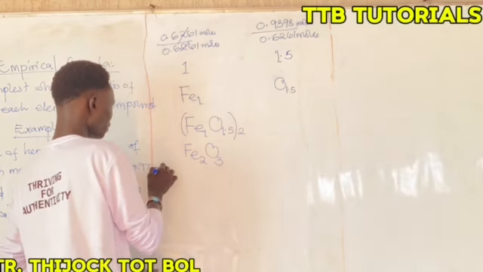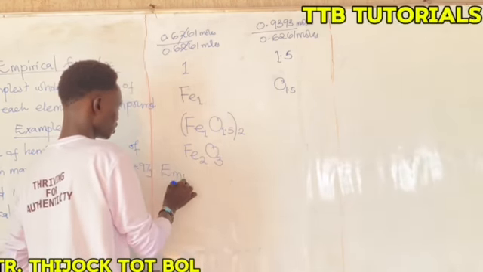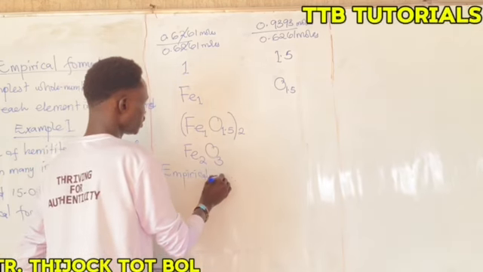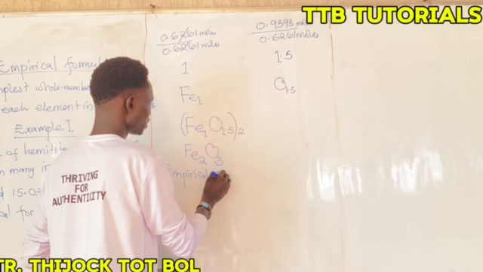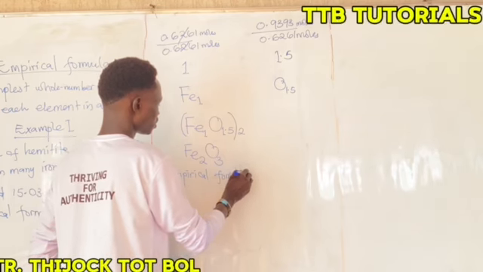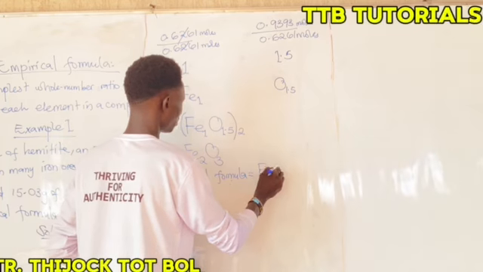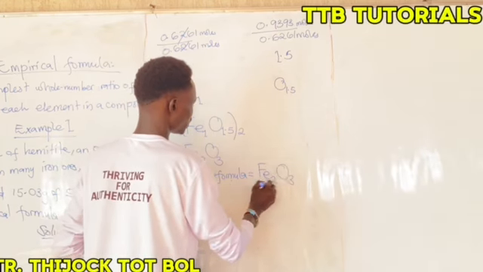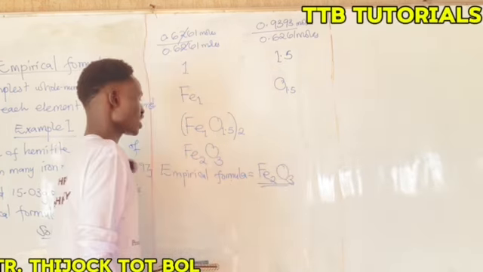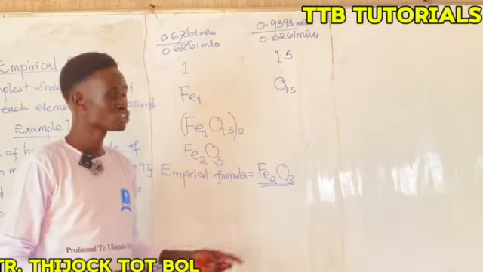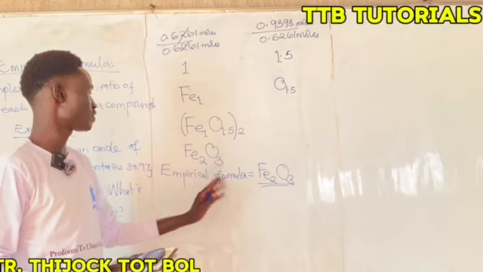So the empirical formula will be equal to iron oxide, Fe2O3. So this is the empirical formula.